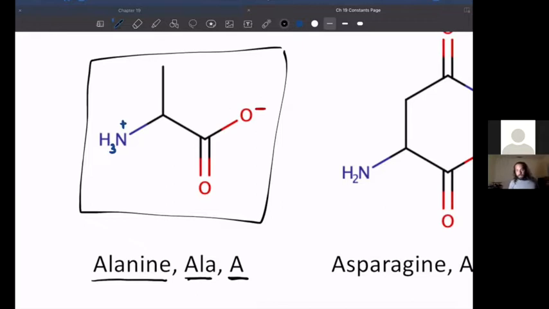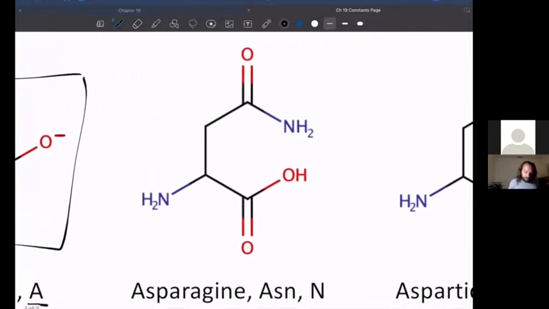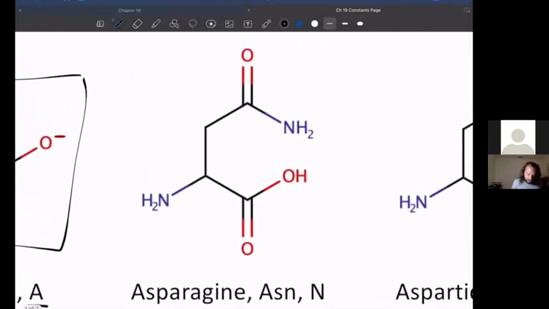ALA, alanine, A. I mean, you could see how those are all related. For other ones, if we just move over one, this is now asparagine. You see that its 3-letter abbreviation is not ASP like you might expect, it's ASN, and the 1-letter abbreviation is an N. Who knows where that comes from?